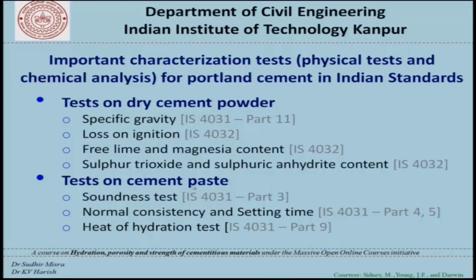Tests on cement paste, soundness test, normal consistency and setting time test, heat of hydration test, all these things are done on cement paste, and again IS 4031 part 3, part 4, part 5 and part 9 are used.